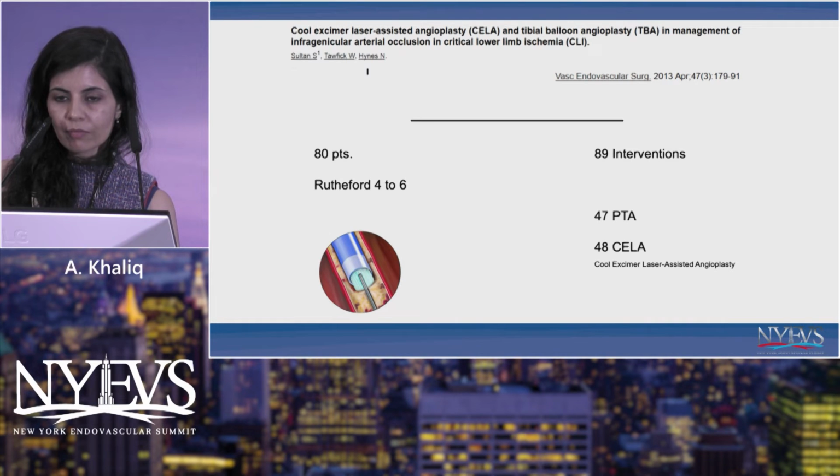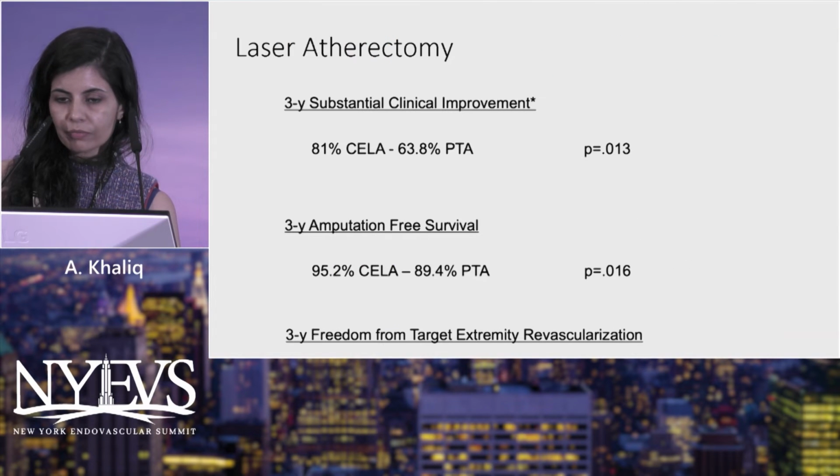Next. And this is one of the other laser below the knee studies, which is the SELA study. And next. I'm always baffled by how the number of patients in our trials is so much less than in the coronary trials. So this is an 80-patient study, but nonetheless, this is the data we have. Essentially, 47 of them went to PTA and 47 of them had laser. Next.